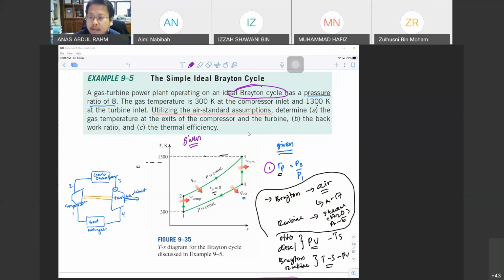You are still okay to use the PV diagram, that's fine. I'm just giving you the options.